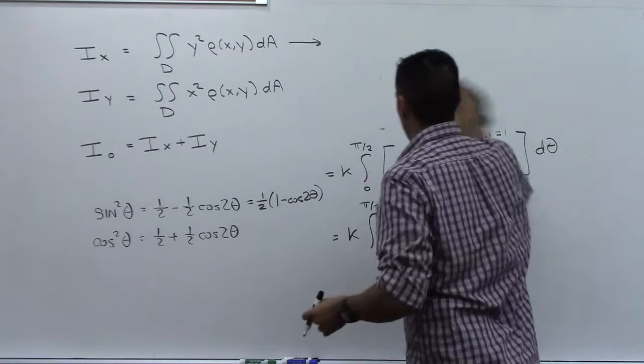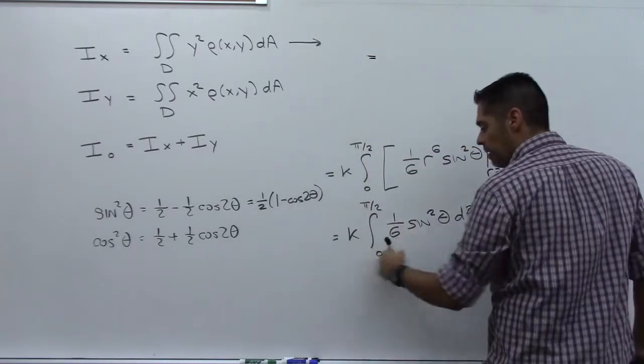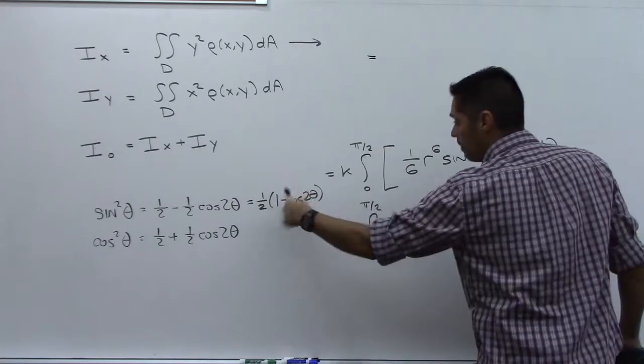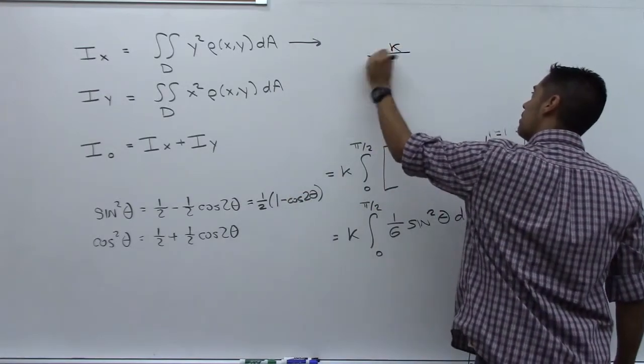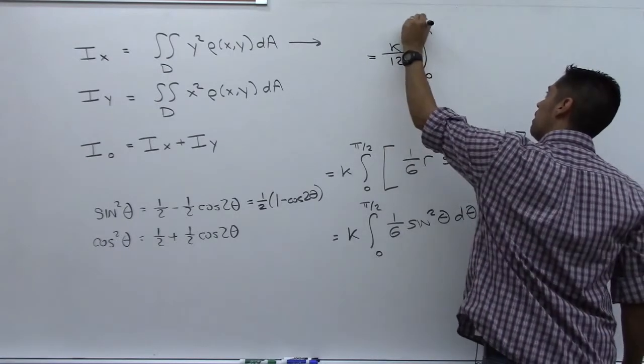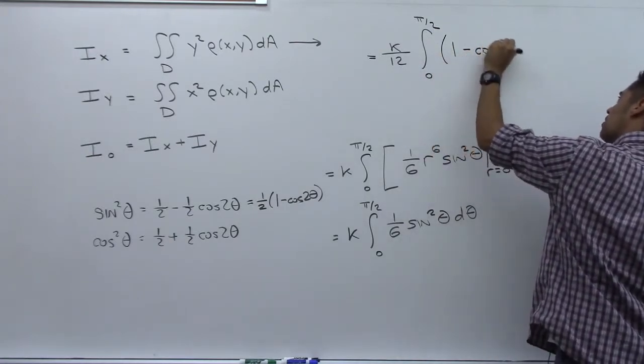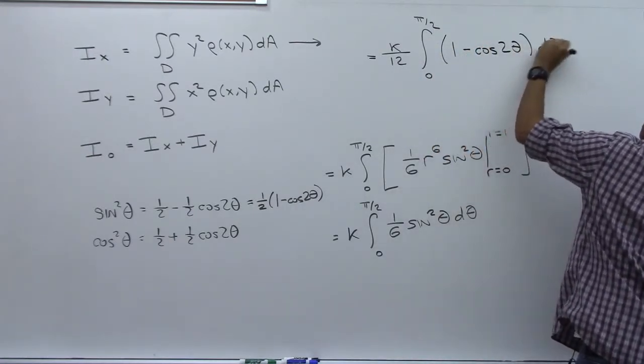That line will become, let's see, the 1/6 I'm going to pull out with the k, and the 1/2 I'm going to pull out. So I'm going to get k times 1/6 times 1/2, which is k over 12, integral from 0 to pi over 2 of 1 minus cosine 2 theta d theta.